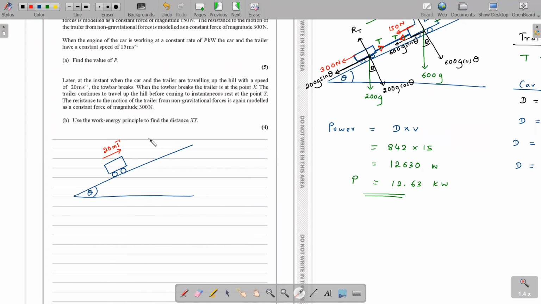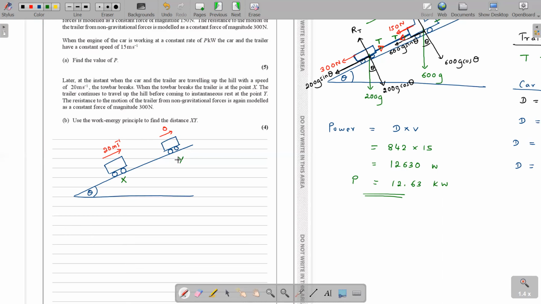It will continue to go up because of its speed, but only for a short time, until its speed reaches 0. So the point X is where the tow bar breaks, and when it comes to instantaneous rest, it's at point Y.